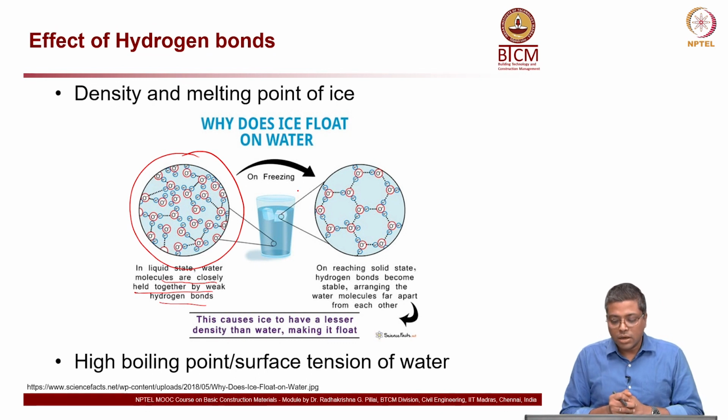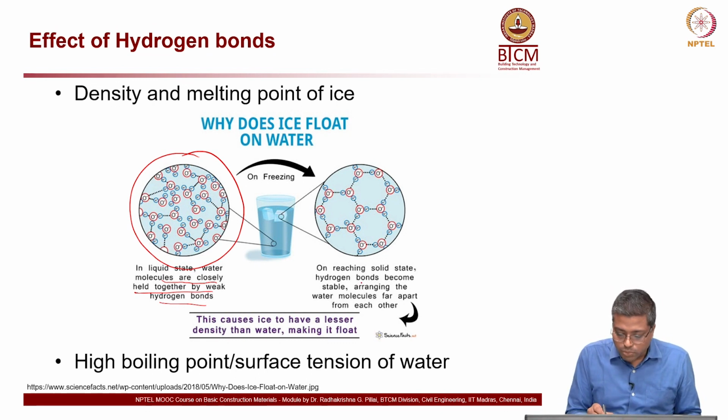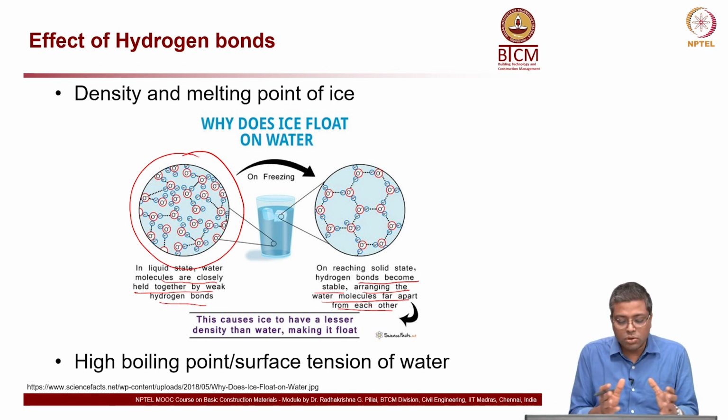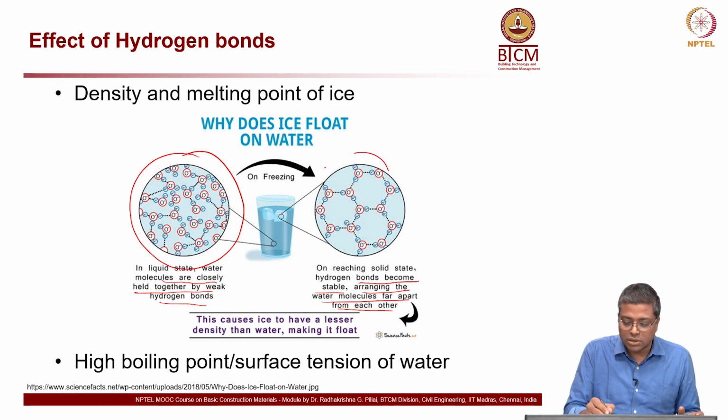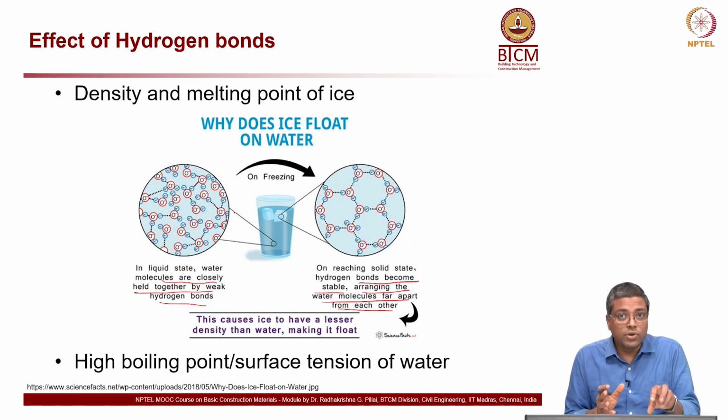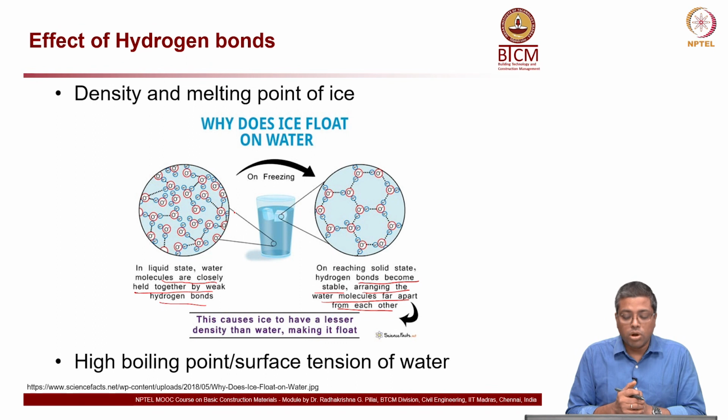They become stable because of this structure, arranging the water molecules far apart from each other. If you look at the left and the right picture, you can see a lot more molecules on the left as compared to the right.